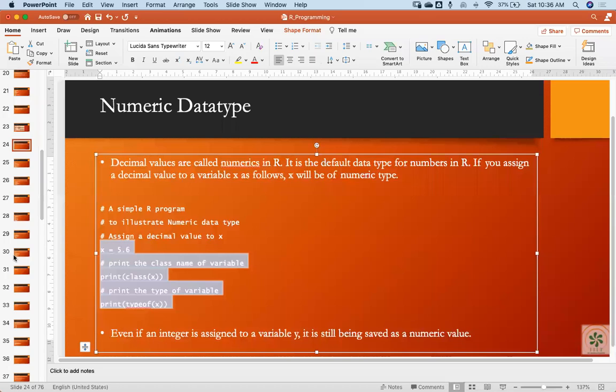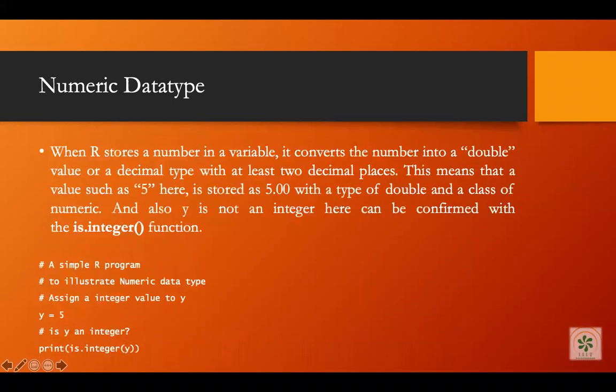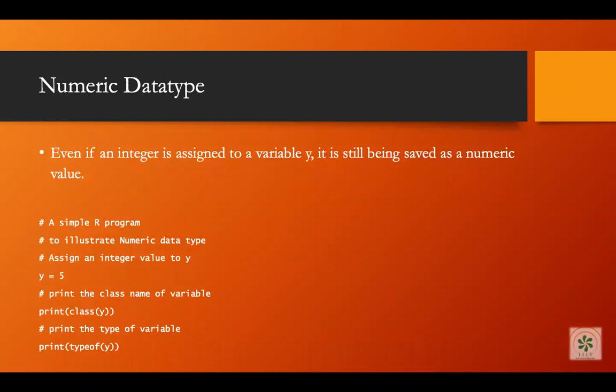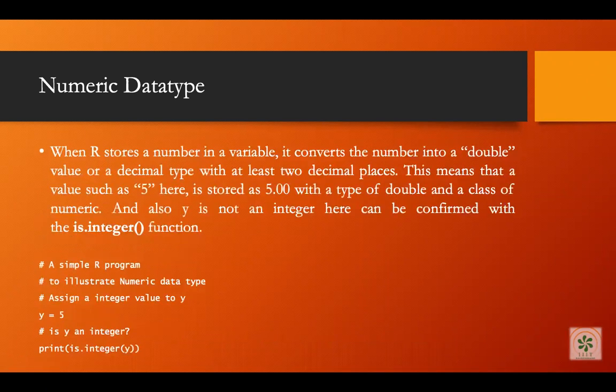Now in this numeric data type, it is saying that when R stores a number in a variable, it converts the number into double, or a decimal type with at least 2 decimal places.